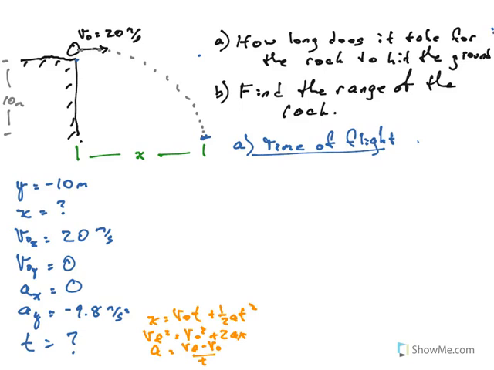I need to solve this problem. I'm looking for a time. So which equation can I use? Well, I look at my three equations. The second equation has nothing to do with time, so I know I can't use that one. But the first equation and the third equation have t in them. Okay, well, can I use the first equation?